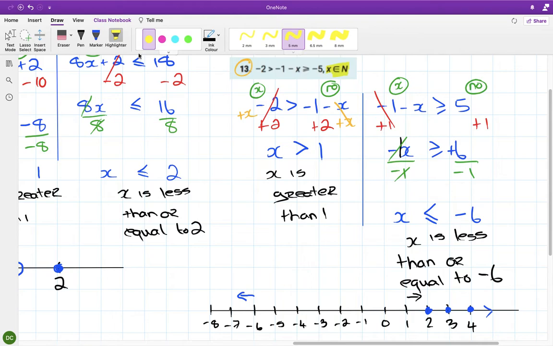It said that x was a natural number, and natural numbers are positive whole numbers. So even though this bit here is telling me to plot numbers like minus 7, minus 8, it can't be, because natural numbers are not.